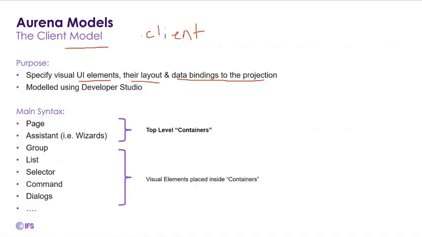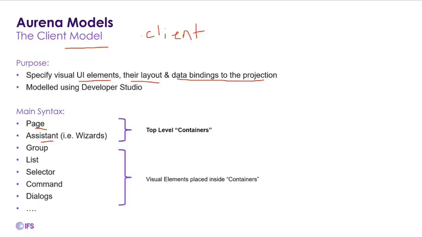And when we look into the main syntaxes we will use with the client model, we will be working with pages. You are already aware of a page, we have created a page, but there are other scenarios as well. We have the assistant, which is something like a wizard dialog box that guides a person step by step through an action.